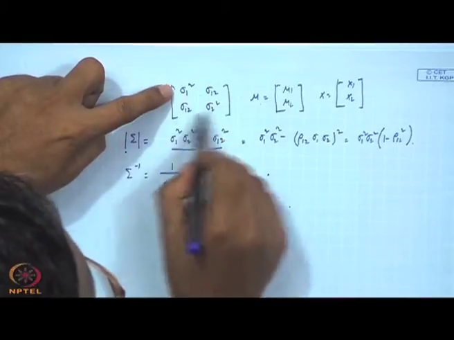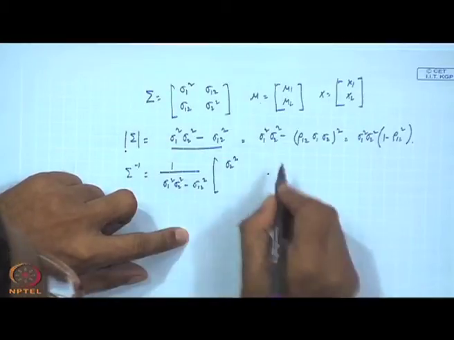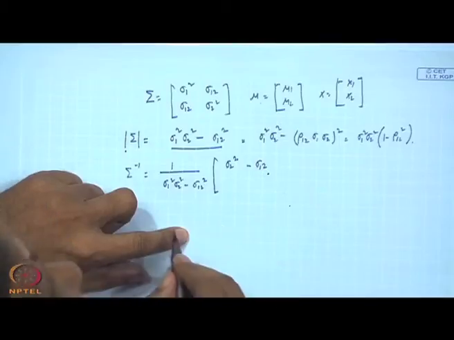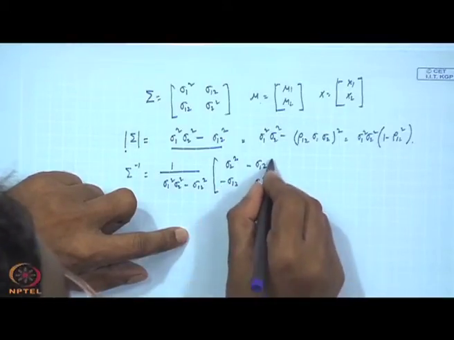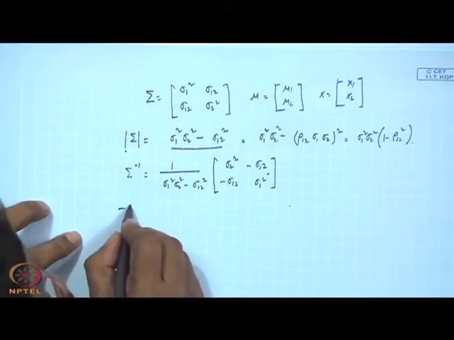So it will be sigma 2 square, then minus sigma 12, minus sigma 12, sigma 1 square. Then what is my exponent part?